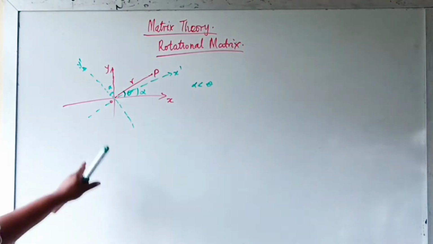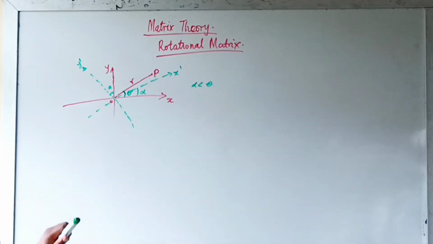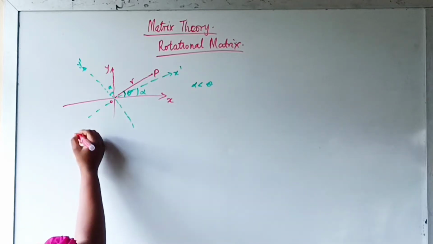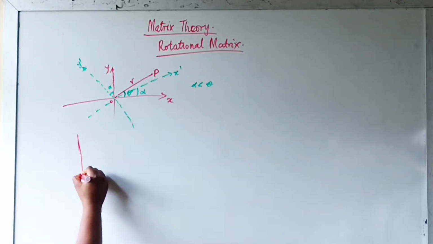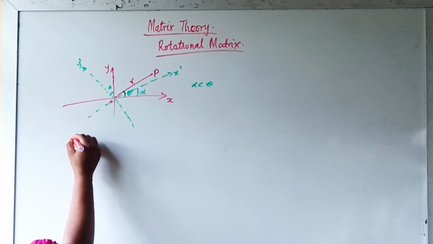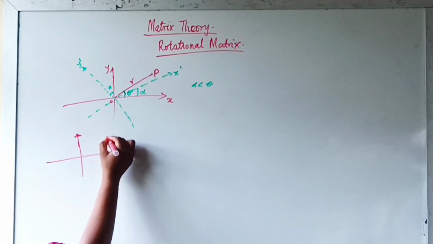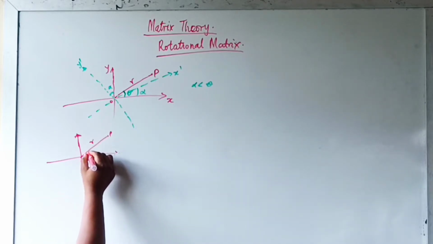To see this clearly, I'm going to draw these two separately. This is the first plane, the usual partition plane. This is theta.